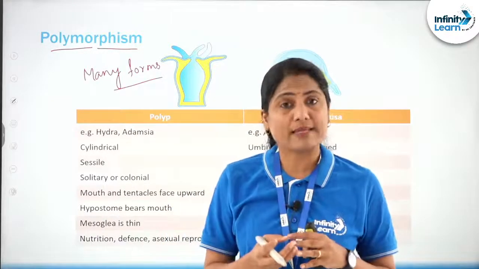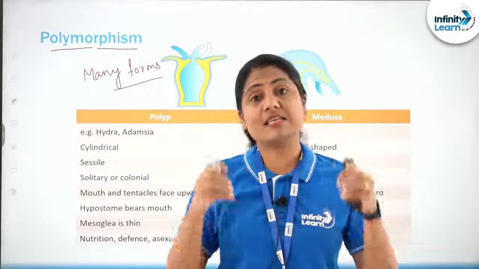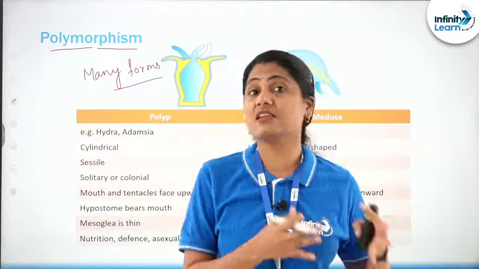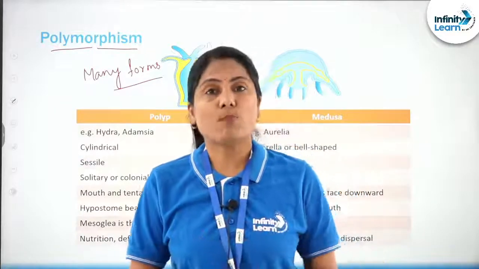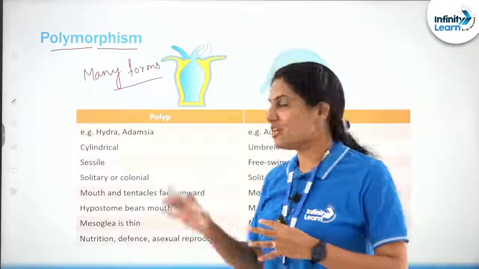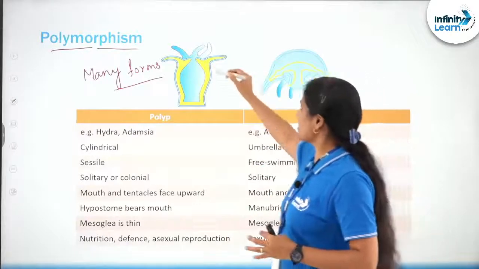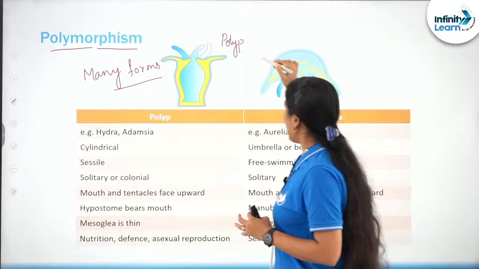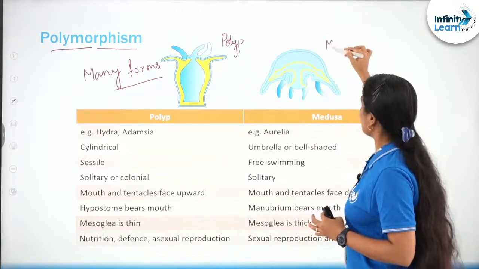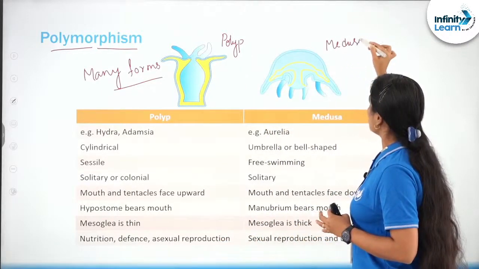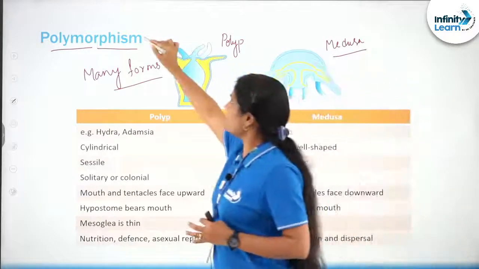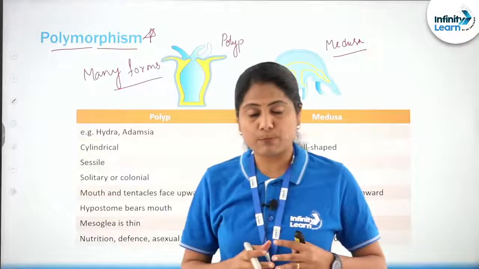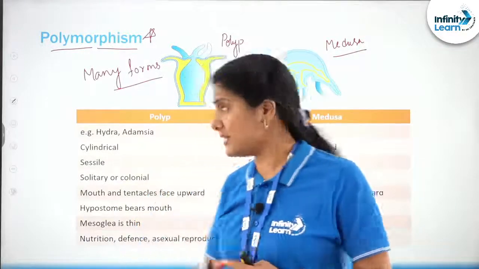This is one organism which exists in different forms. It's not monomorphic. It doesn't exist in a singular form. It's a polymorphic organism, of which a couple are discussed here, which is the cylindrical form or the polypoid form, and the umbrella shaped one, which is the medusa form. Remember, very important for your NEET questions as far as this polymorphism concept is concerned, right?